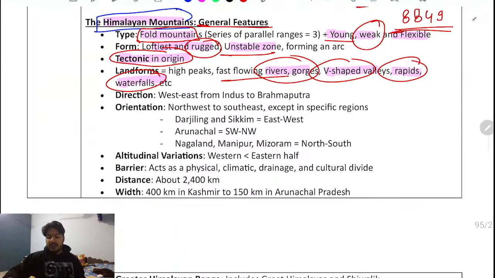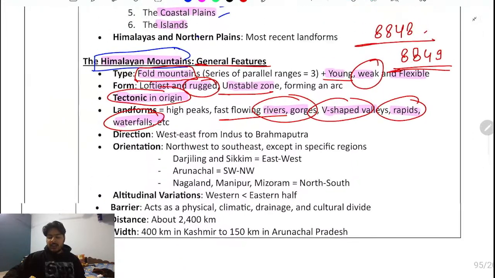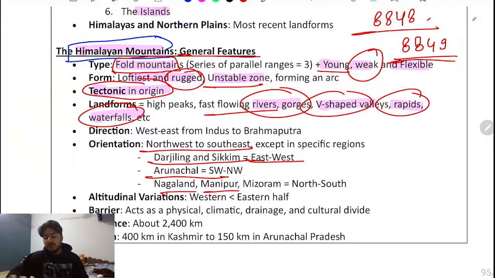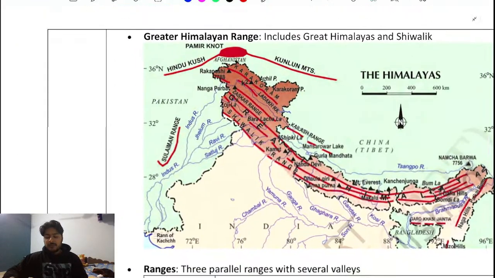The Himalaya extends across the north, west, south and east, in specific regions such as Darjeeling, Sikkim, Arunachal, Nagaland, Manipur and Mizoram. In many places you will find this kind of origin.